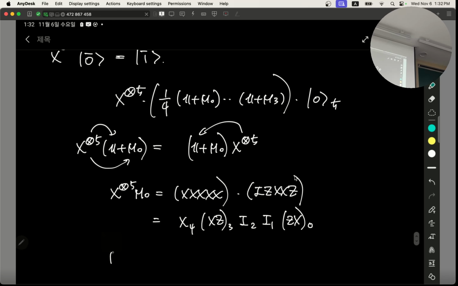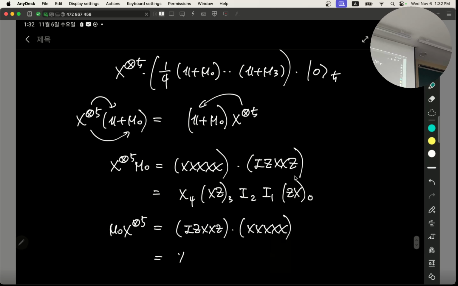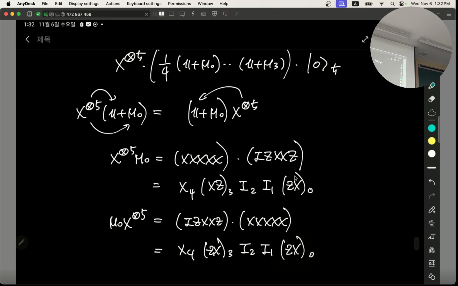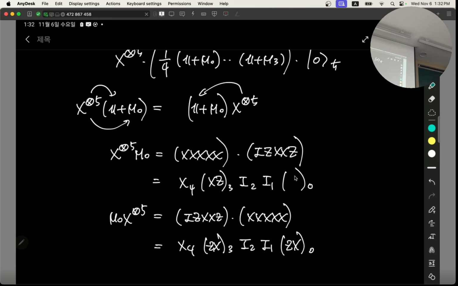But if you take the opposite order, it's I, Z, X, X, Z times X, X, X, X, X. So X on the 4th qubit, ZX on the 3rd qubit, X squared on the 2nd qubit, X squared on the 1st qubit, and ZX on the 0th qubit. So this one is XZ.